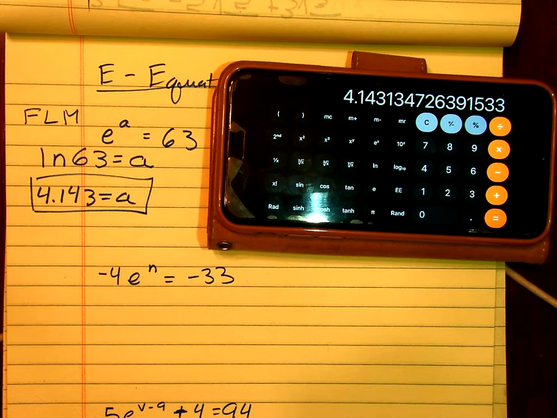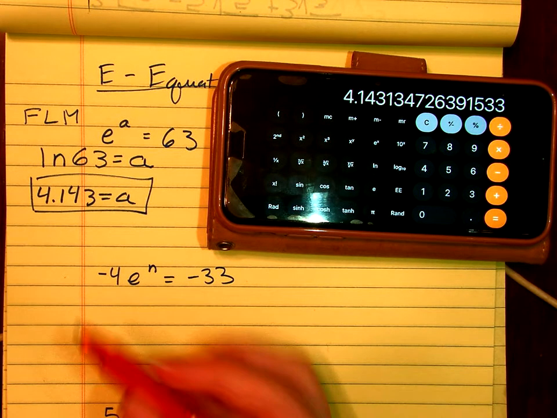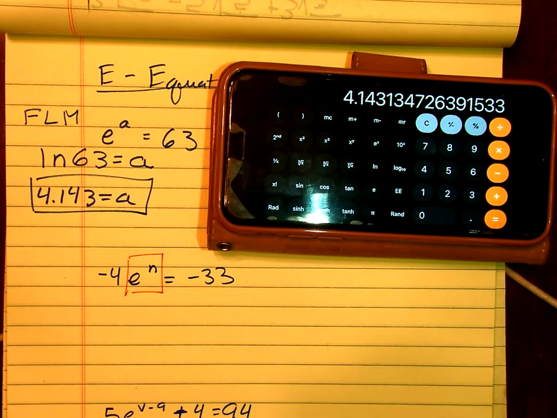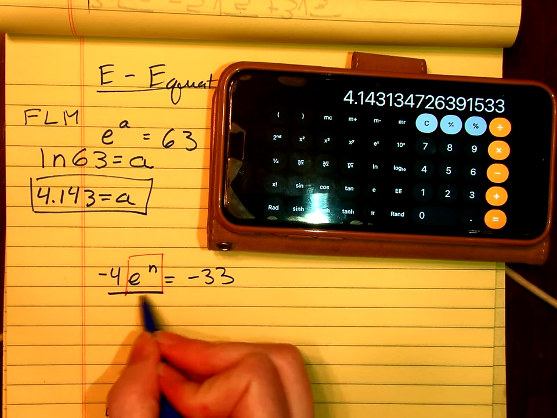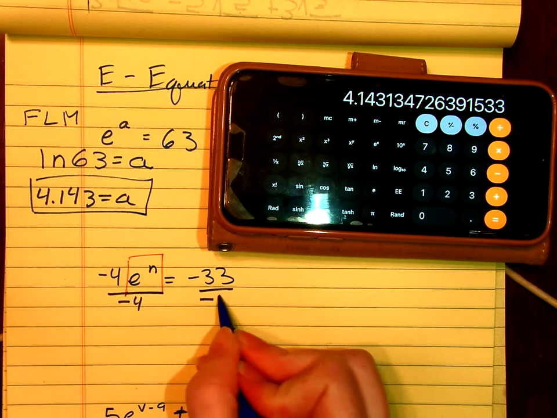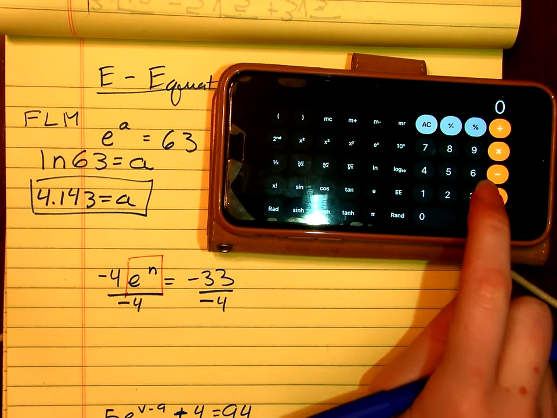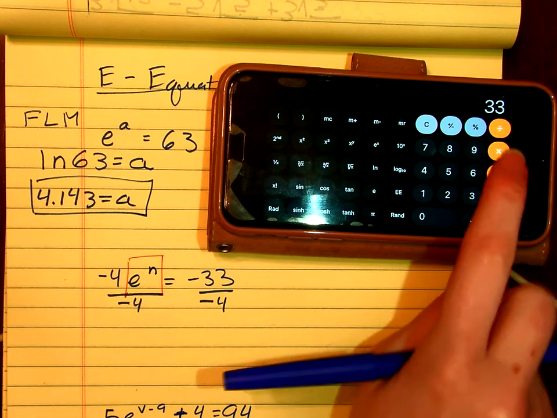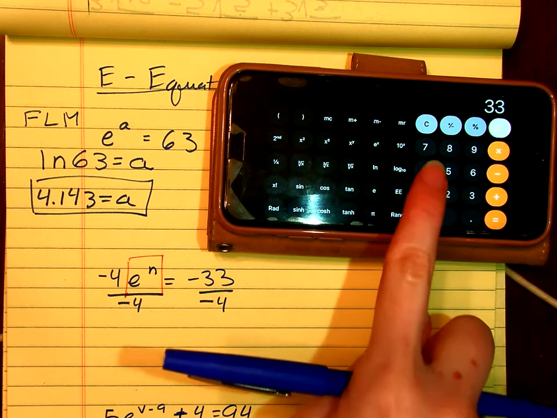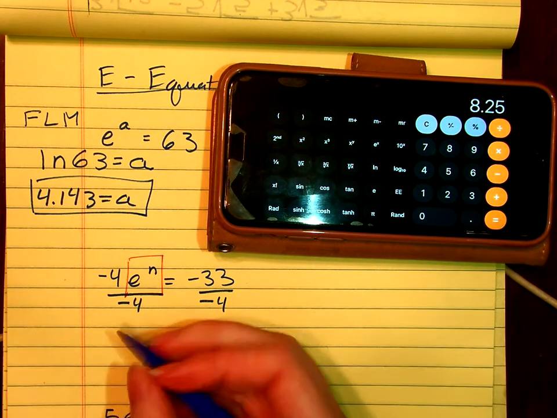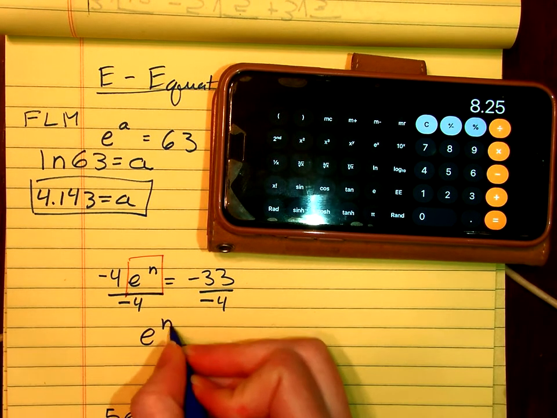So on this next one, before we can solve it, we've got to get E by itself. Well, what's being done to E right now? It's being multiplied by -4, so we've got to divide by -4. Now we know a negative divided by a negative is positive, so 33 divided by 4 is 8.25.